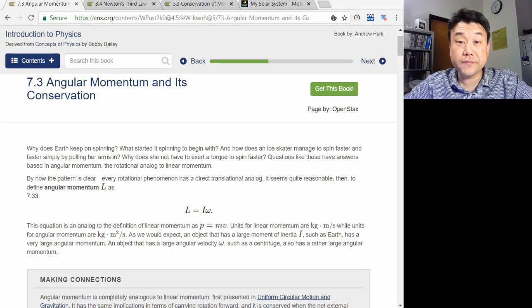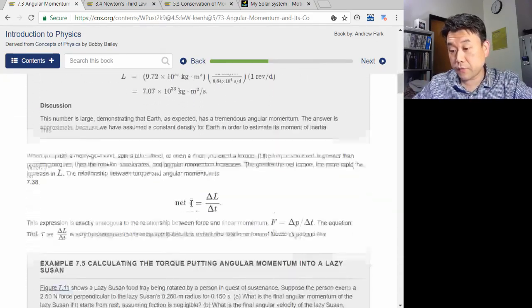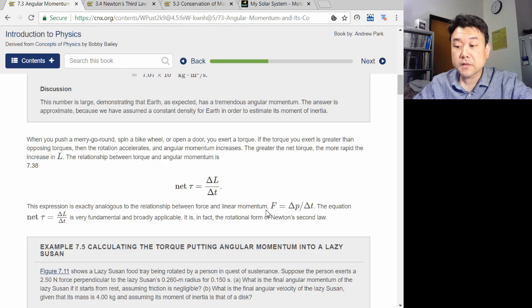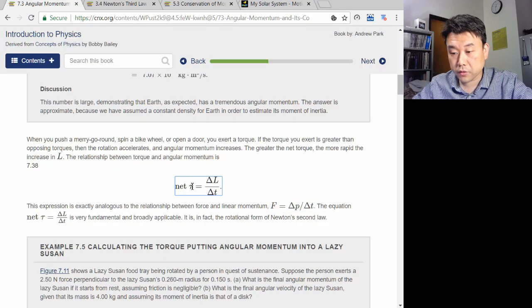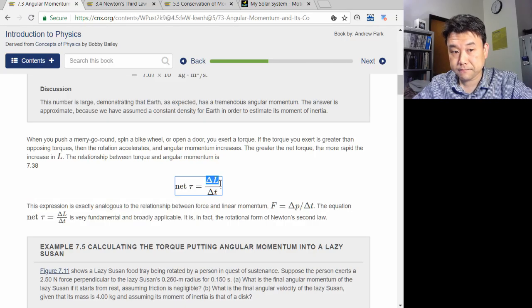Hi, in this video, we will see examples of angular momentum conservation. Angular momentum is related to torque in the same way momentum is related to force. That is, just as you need to apply force over a duration of time to change momentum, you need to apply a torque over a duration of time to change angular momentum.